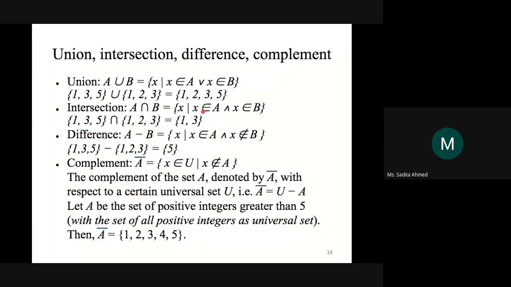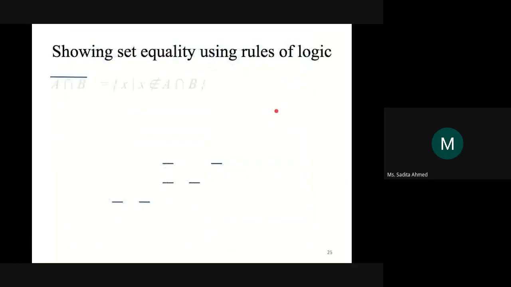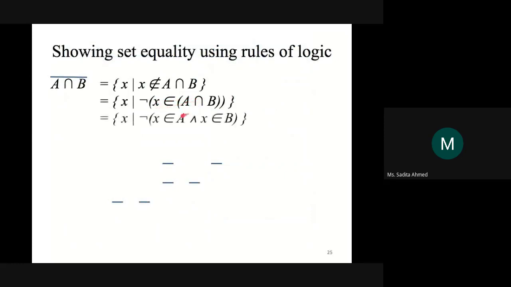So X must belong to A and X must belong to B. So for the statement inside the parenthesis, can't we say X belongs to A and X belongs to B, just by definition of intersection?